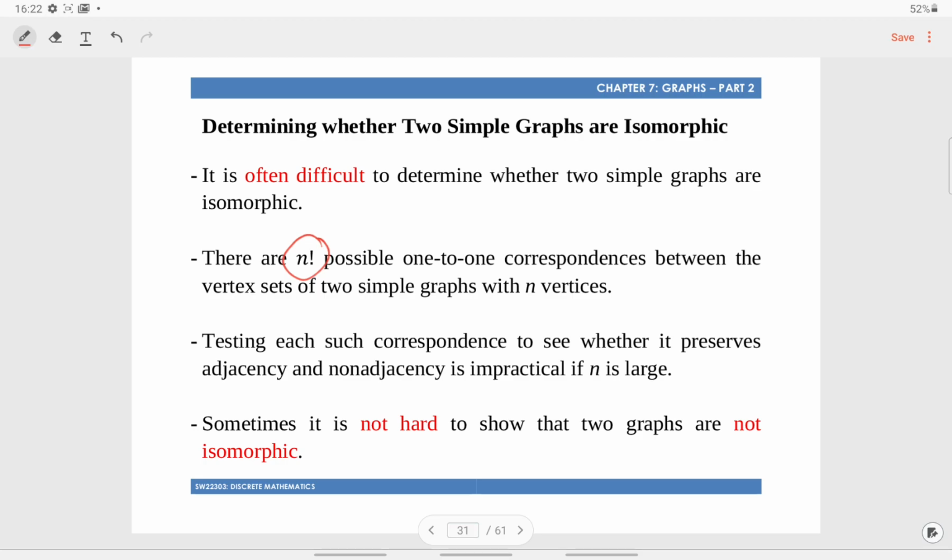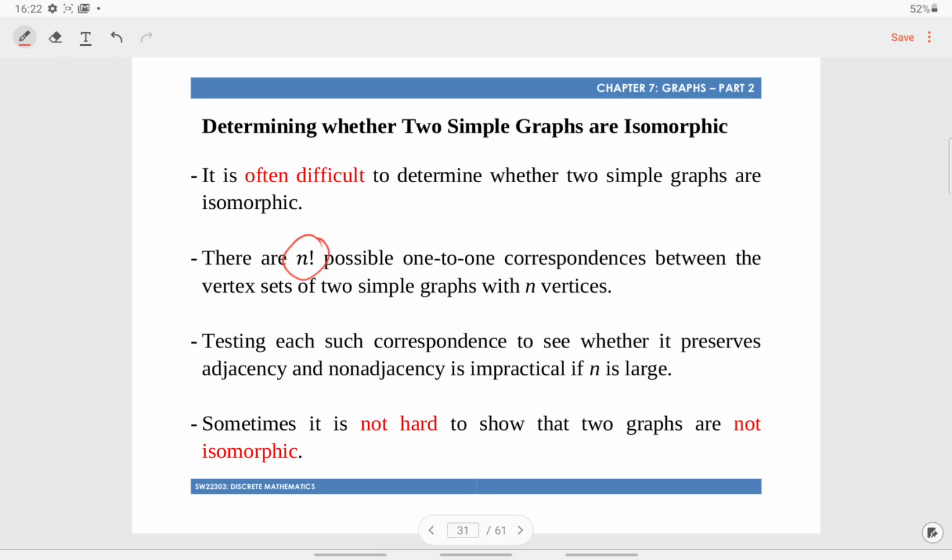Previously we were dealing with only 5 vertices. So what happens if n is large, for example n equal to 10? It becomes cumbersome and difficult to determine whether the given graphs are isomorphic or non-isomorphic.